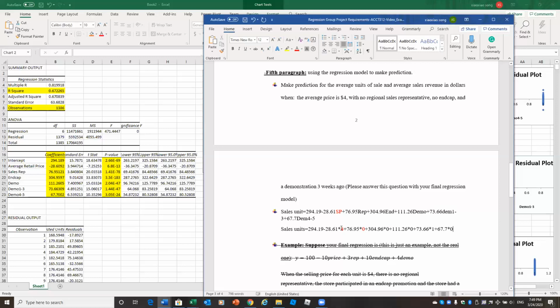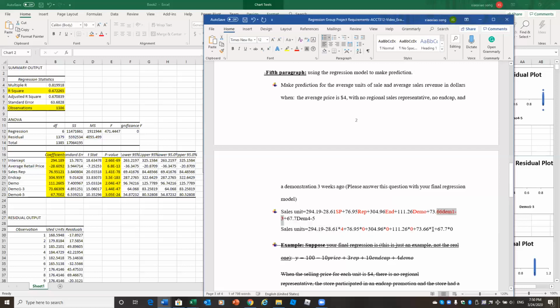So for the continuous variable, whatever the selling price is, you just need to replace your selling price with 4. For the dummy variable, if there is a no, it means 0. No representative, so it's 0. No end cap, so it's 0. No current demonstration is 0. There was one 3 weeks ago, so it will be 1.